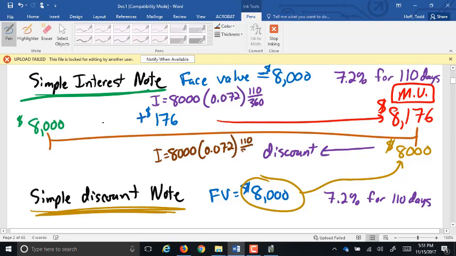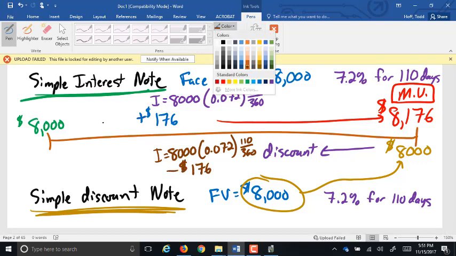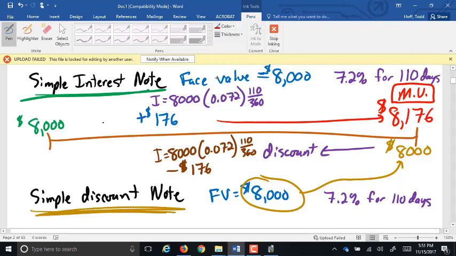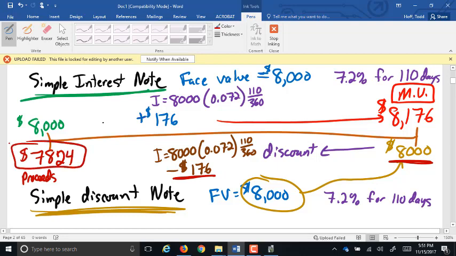I equals PRT. So it'll still be $176. Going back to the beginning, then we can collect a proceeds of the 8,000 minus the discount of $176. That's $7,824 that you actually receive.